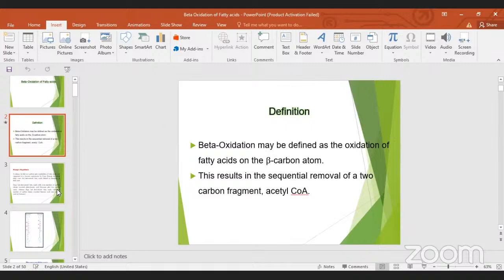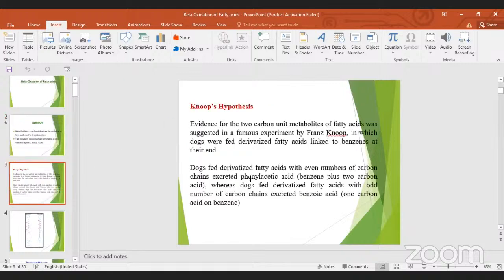It is called beta oxidation because the beta carbon of the fatty acid is oxidized during this process.